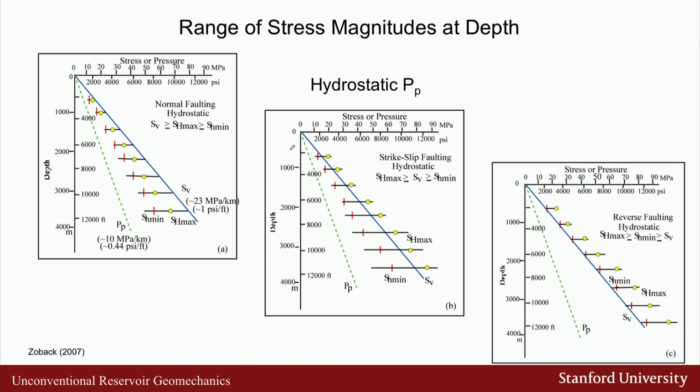Okay, and the reverse faulting stress regime is most compressive because now SV is the smallest stress. And under this circumstance of hydrostatic pore pressure, we can see considerable anisotropy between the two horizontal stresses. And I'm going to get back to that later when we contrast this situation with the overpressured case.